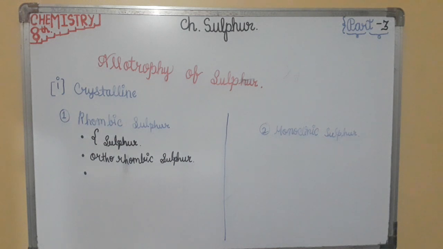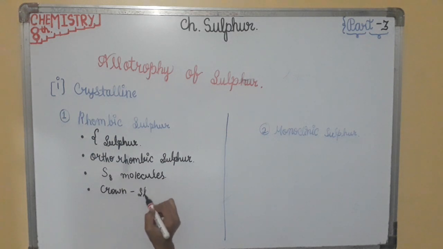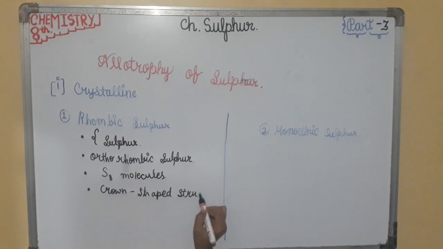In crystalline form, sulfur exists as S8 molecules. It has a crown-shaped structure.